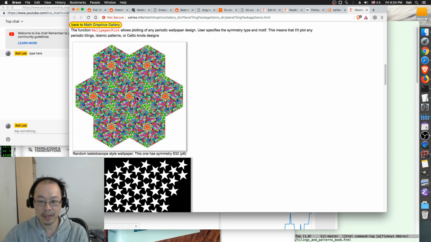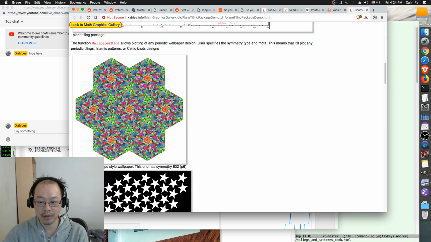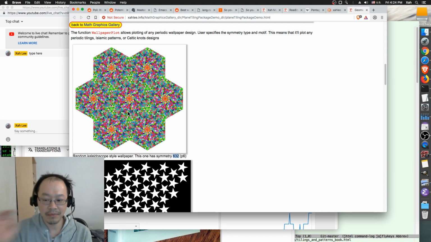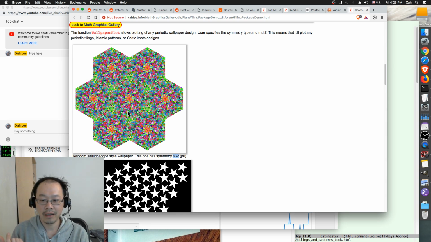Another notation is just P6. Now, in Conway's notation, 632, the numbers have significance. It means it has six... I forgot exactly, but it's about rotational symmetry and things like that.